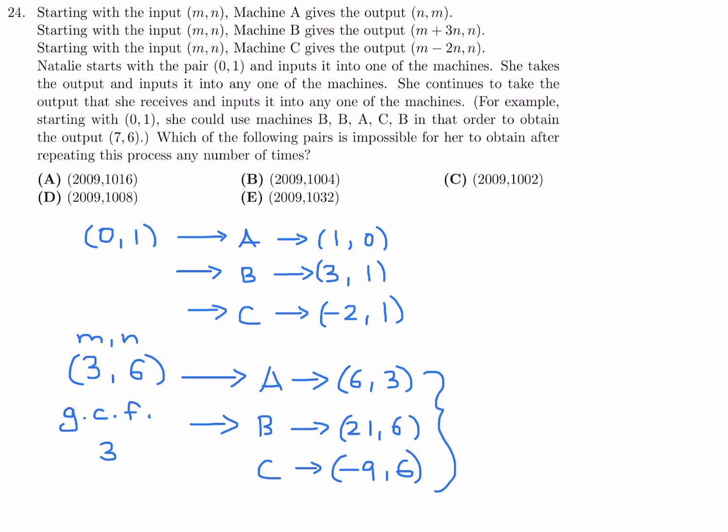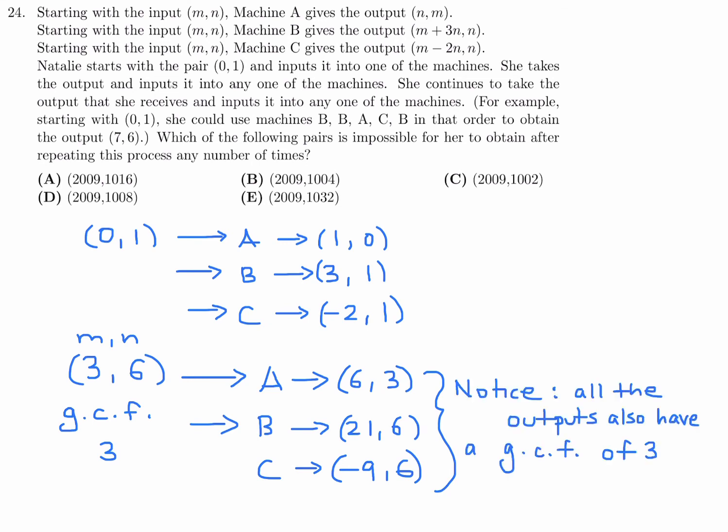I hope you're convinced that all the outputs also have a GCF of 3. That is the key to the question: the greatest common factor will be maintained as you go through these machines, no matter what the original pair is.